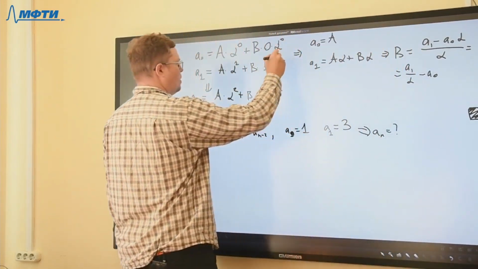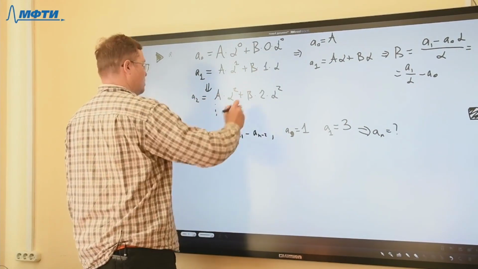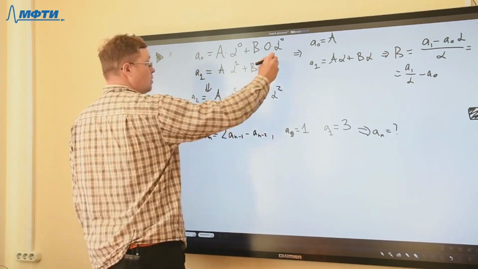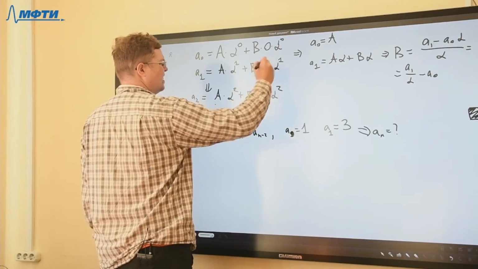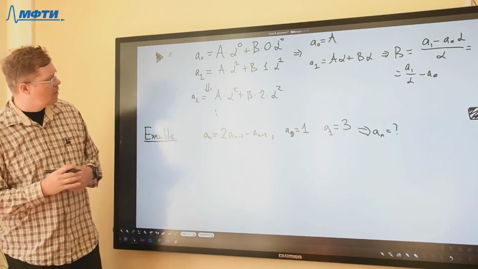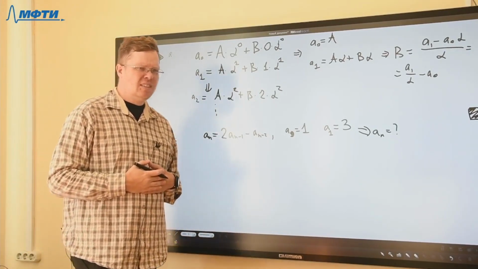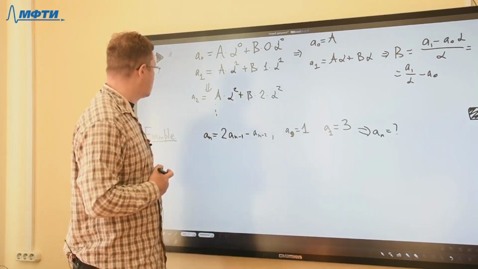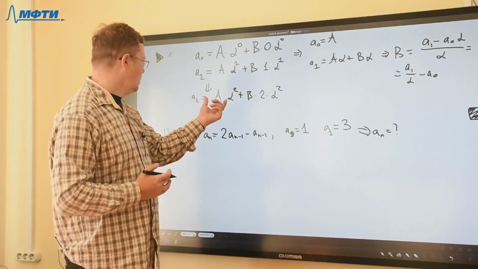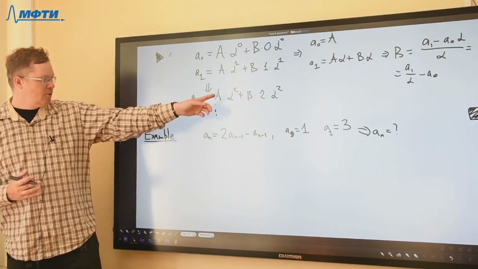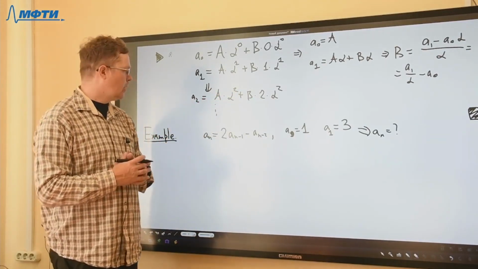Oh, here, sorry, I need to write this a times alpha to the power 1. Of course. And for a2 we have alpha to the power 2, because our geometric progression depends on n. So I just need to take n equal to 2.